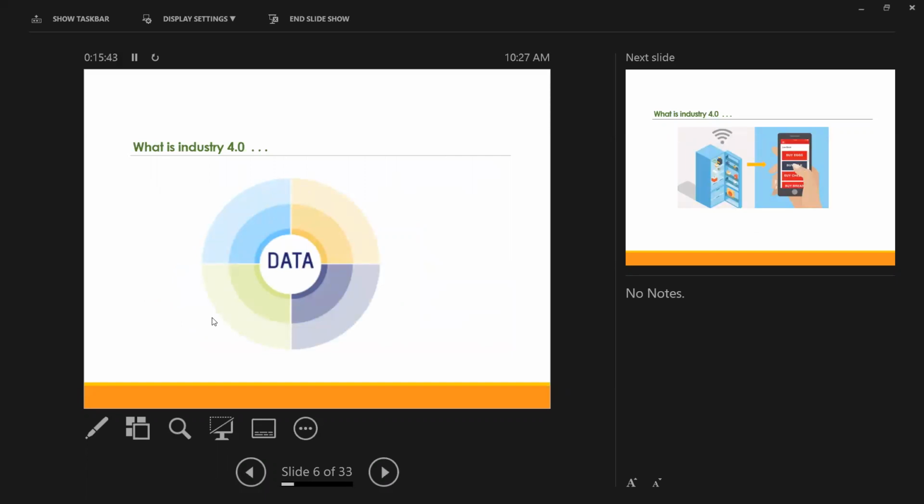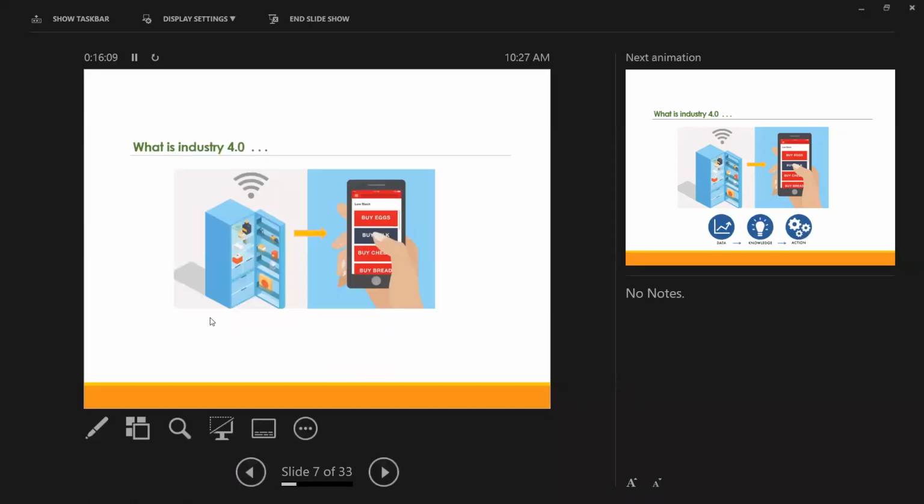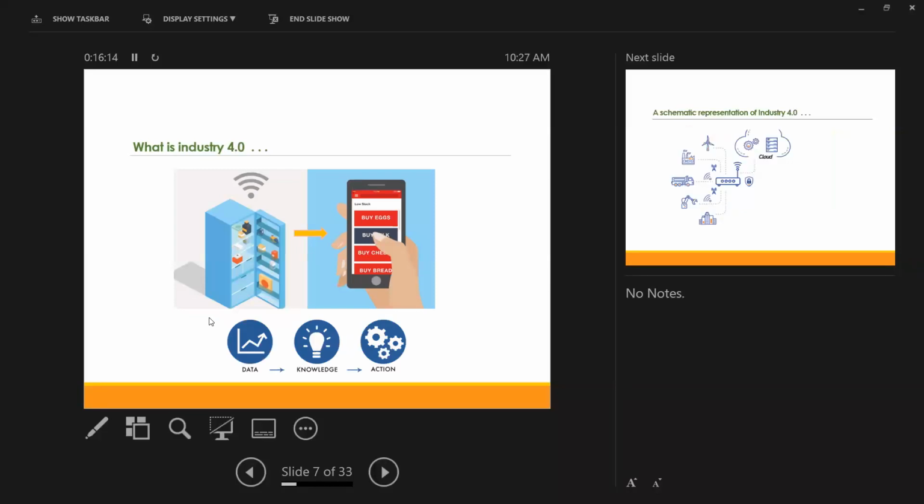In a processing plant, we have different equipment communicating, controlling what each other does by using data. So simply, I can say the fourth industrial revolution is all about data, but it's much more than that. I should take that back. It's not only data. It involves data, knowledge, and action.